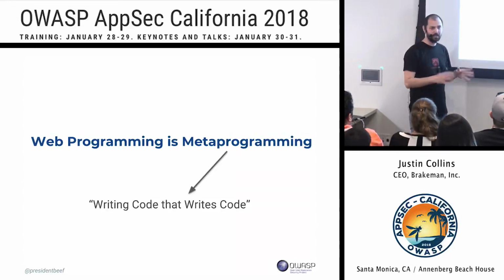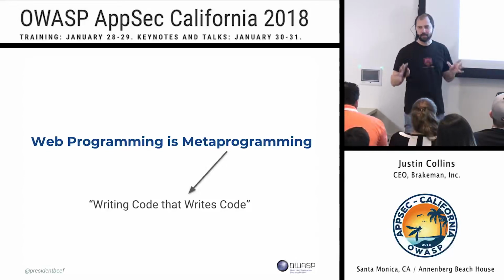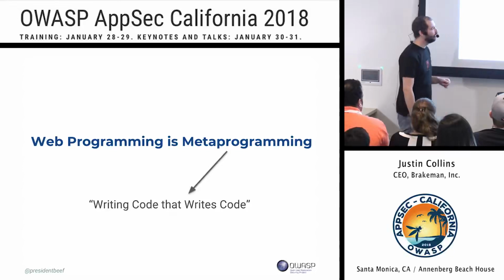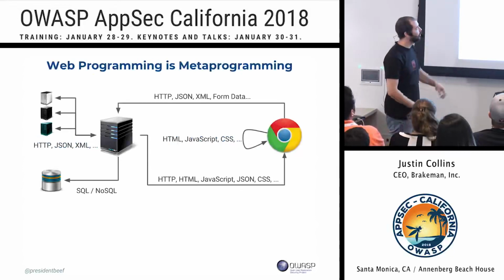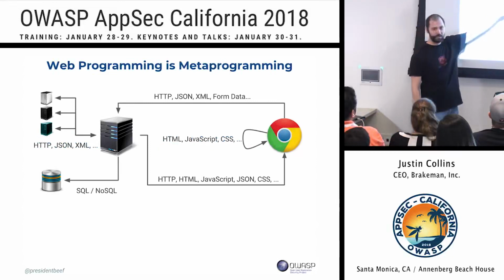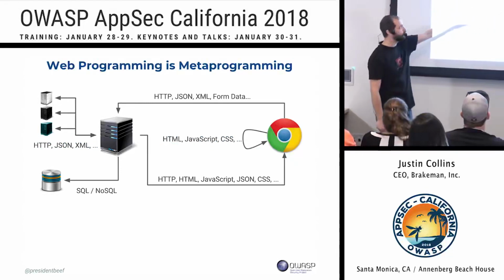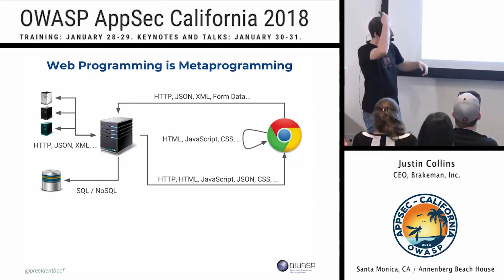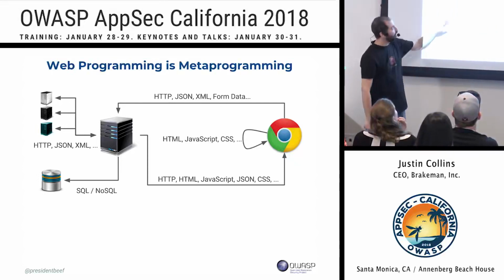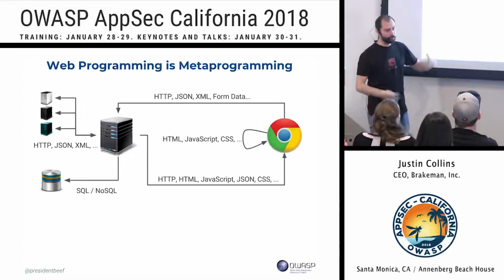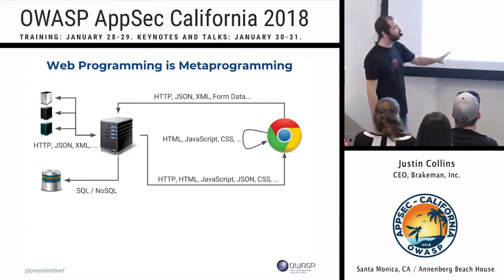This is what you're doing when you build a web application. If we look at that, the black box with the glowing blue lights, that's our web application on the web server. And if you think about what it has to do, it has to take in some stuff from a browser. We get an HTTP request, opportunities for injection there.